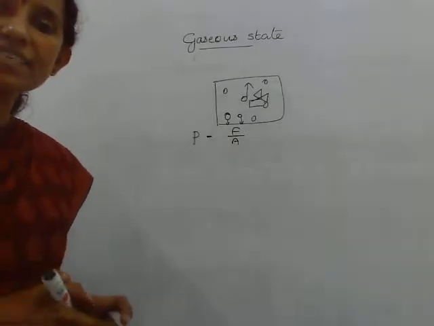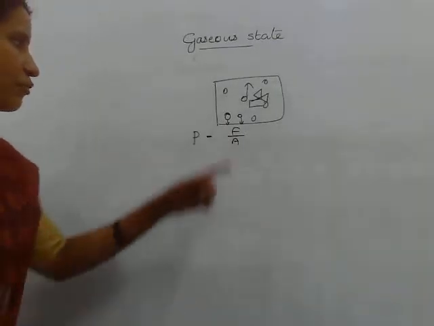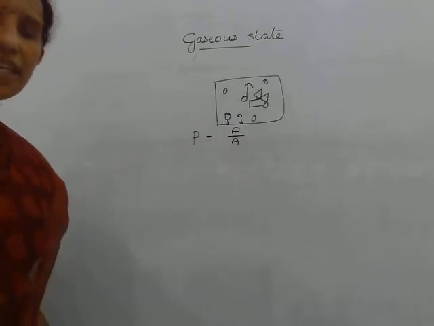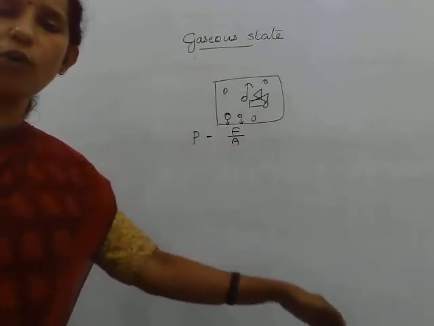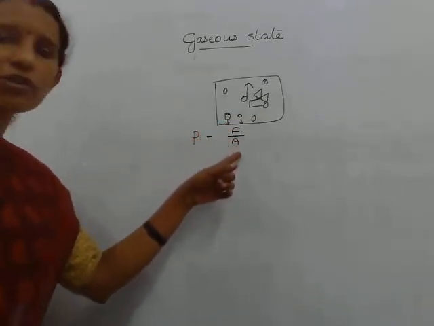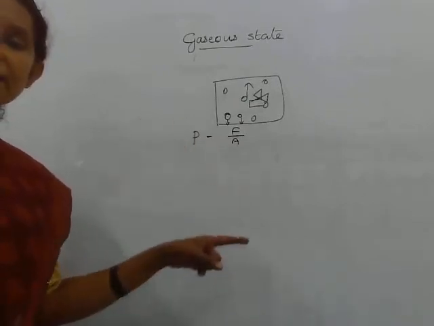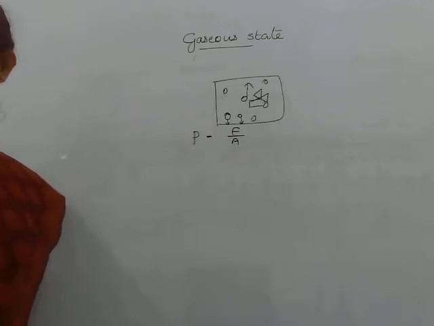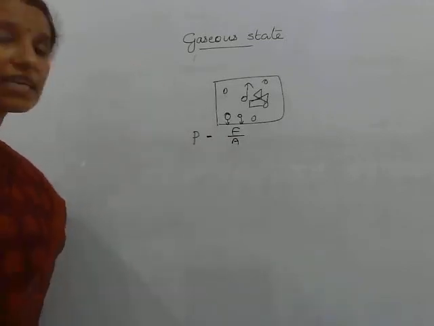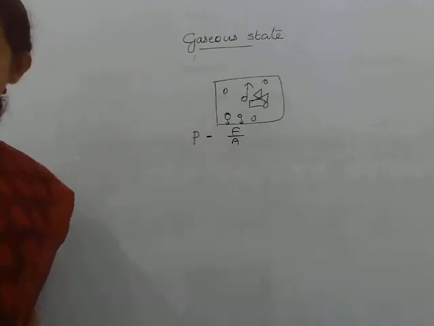Gases can exert pressure, meaning when they collide with the walls of the container, they exert a force on the wall. That force acting on unit area is called pressure. So these are the general characteristic properties of gases.